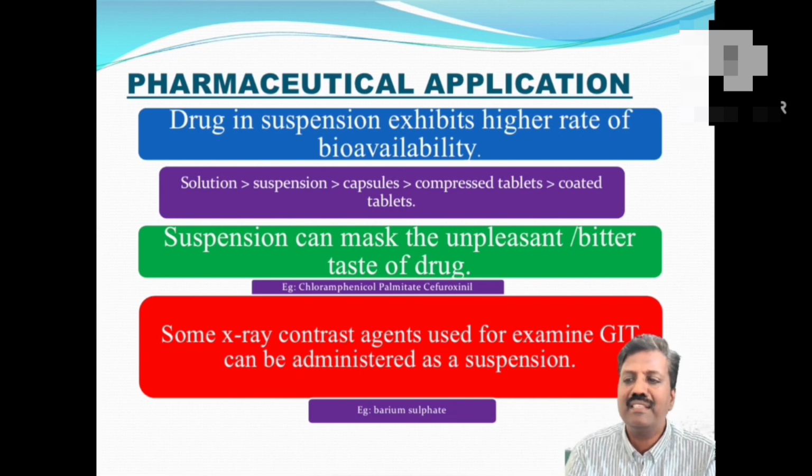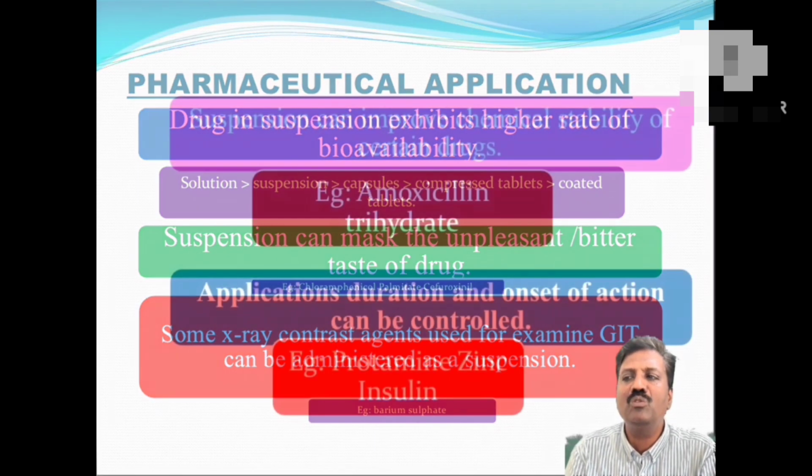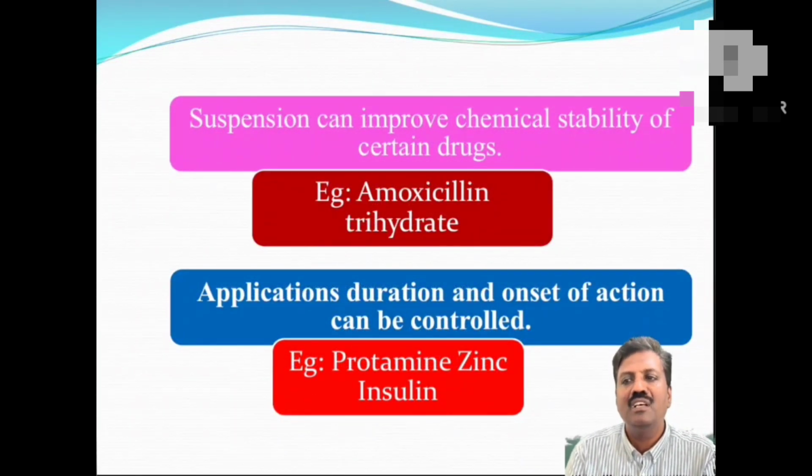Some X-ray contrast agents used to examine the GIT can be administered as a suspension, for example barium sulfate. Suspensions can also improve the chemical stability of certain drugs, for example amoxicillin trihydrate, and the duration and onset of action can be controlled, for example protamine zinc insulin.